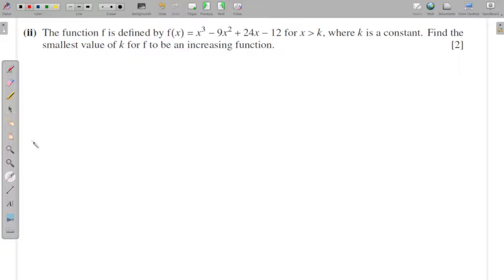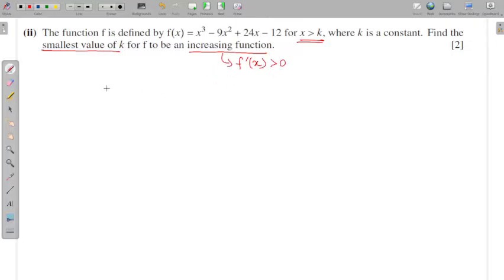This time they have given us the function f defined by this expression for x greater than k, and k is a constant. Find the smallest value of k for f to be an increasing function. For f to be an increasing function, f prime x must be greater than 0.